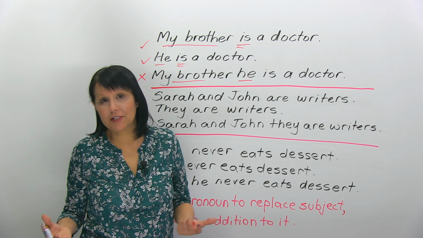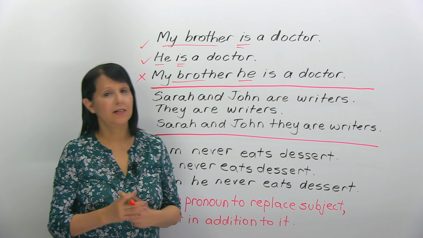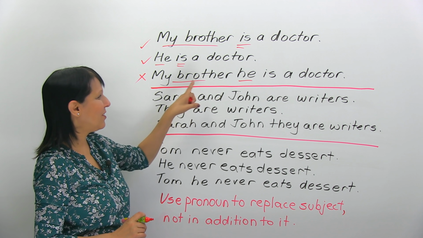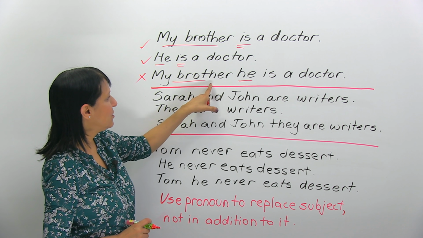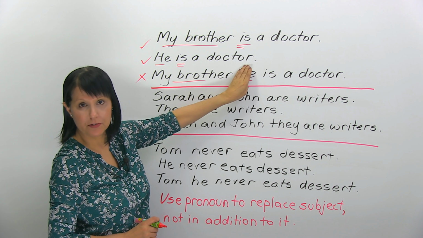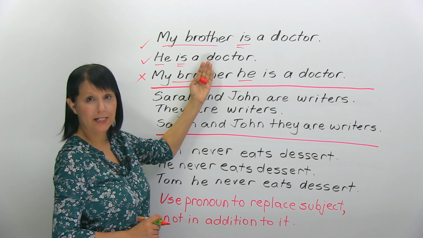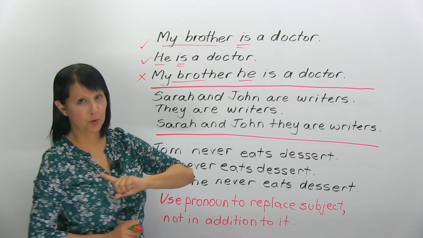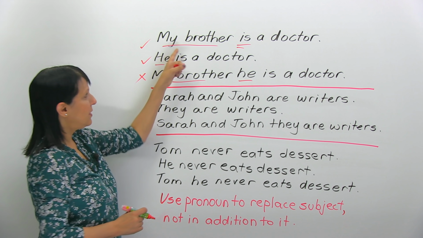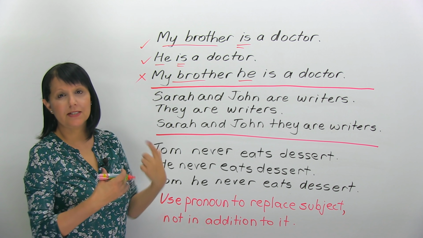It's possible in different languages that it's okay to speak like that, but in English, it's correct not to do that, okay? It's wrong to do that. It's incorrect to do it. So here, you would either need to go back to saying my brother is a doctor, or you can say he is a doctor, but not both, all right? That's the important thing.